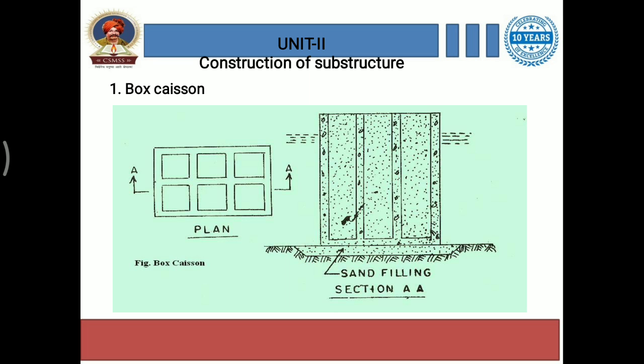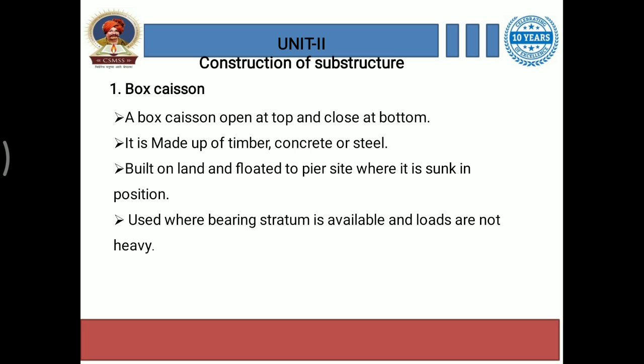This sectional diagram shows the box caisson. These box caissons are specially used for bridge culvert and sanitary work. Okay, these are built on land and floated to pier site where it is sunk in position.